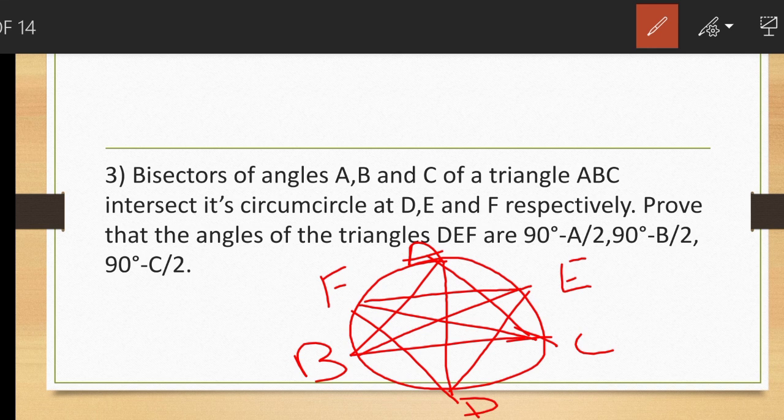So DEF is also inscribed in the circle. We have to prove that the angle at D is 90 degrees minus A by 2, the angle at E is 90 degrees minus angle B by 2, and the angle at F is 90 degrees minus angle C by 2.